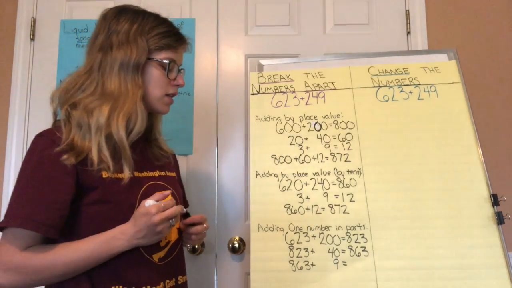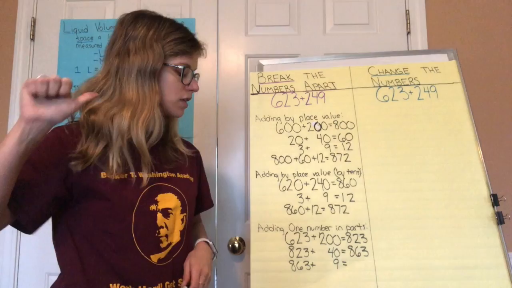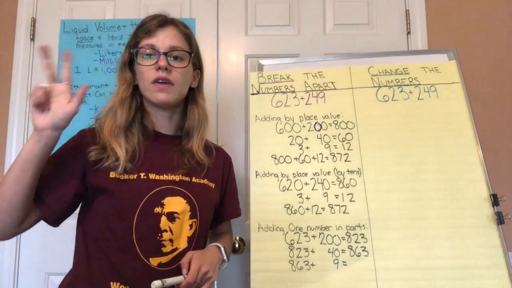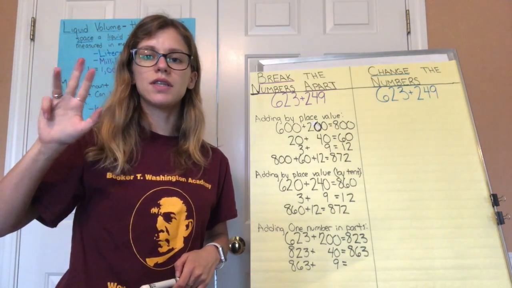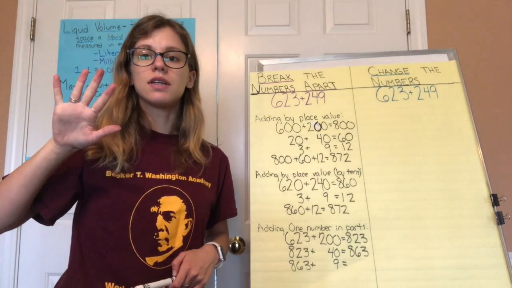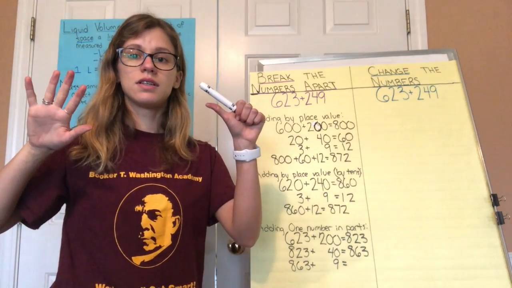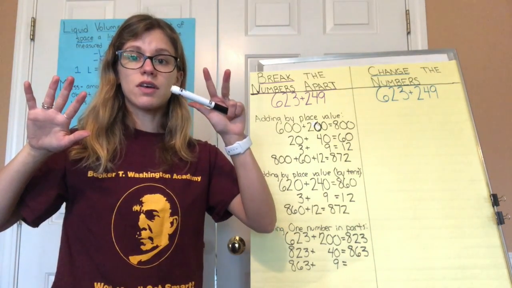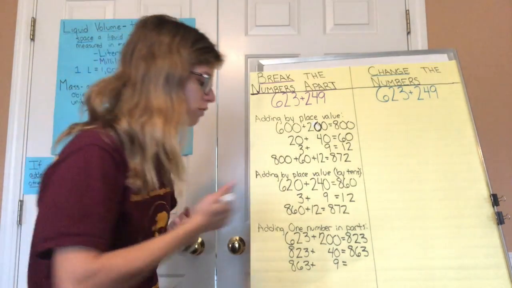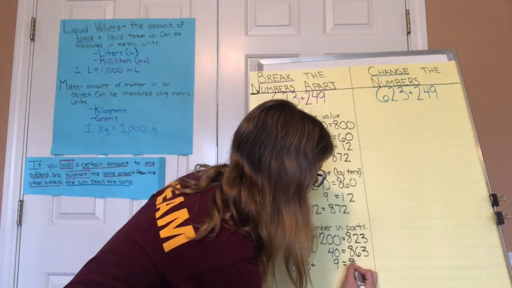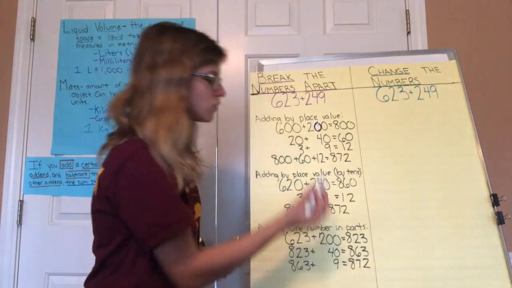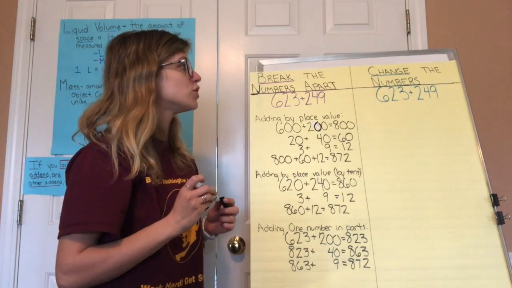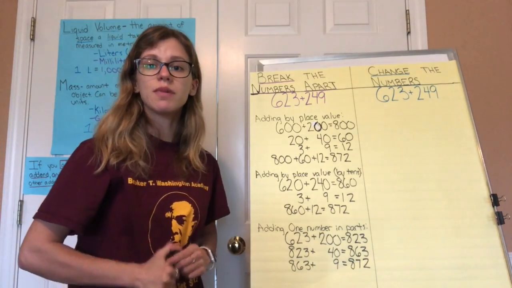So 863 plus 9: 864, 865, 866, 867, 868, 869, 870, 871, 872. So those are 3 strategies that we can be doing to break the numbers apart to make it easier for us to be adding.